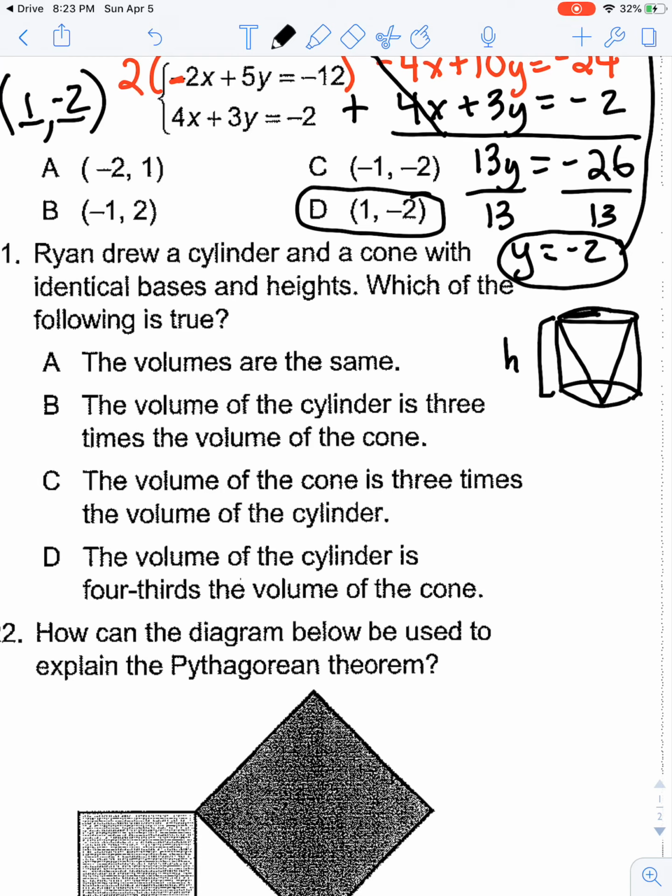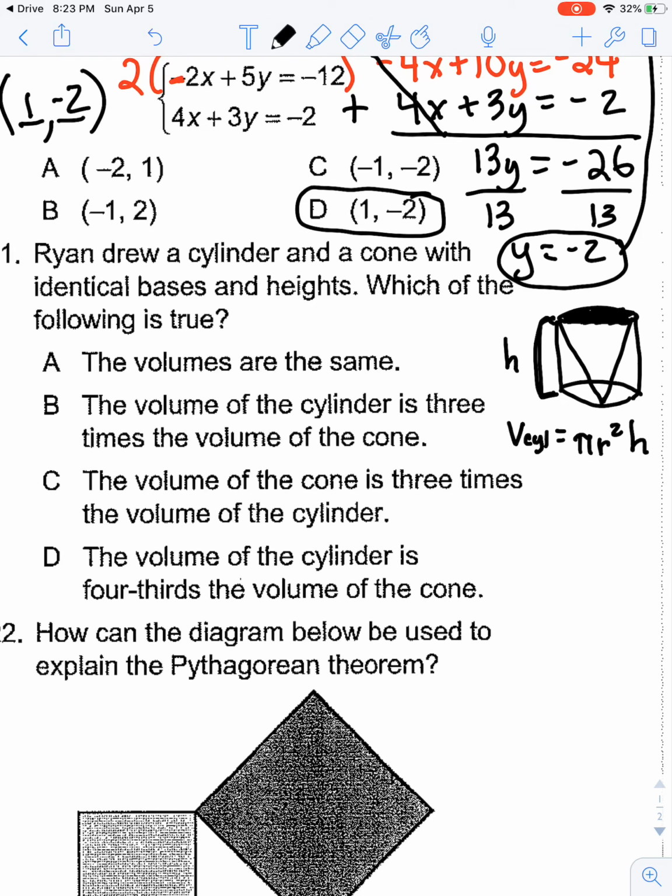Remember that the volume for a cylinder is equal to the area of this circle, which is pi r squared, times the height here, so times h.